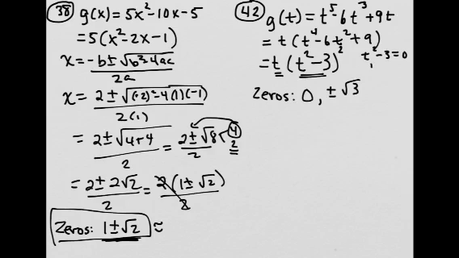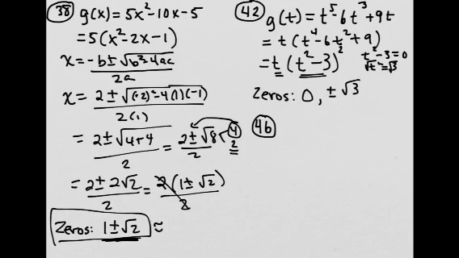Move the 3 over, so that leaves you with t squared equals 3. Take the square root, and that's where you get plus or minus radical 3. Or you can factor it and just write the two factors, t plus radical 3 and t minus radical 3, and then set each one equal to 0, and you'll get the same answer.